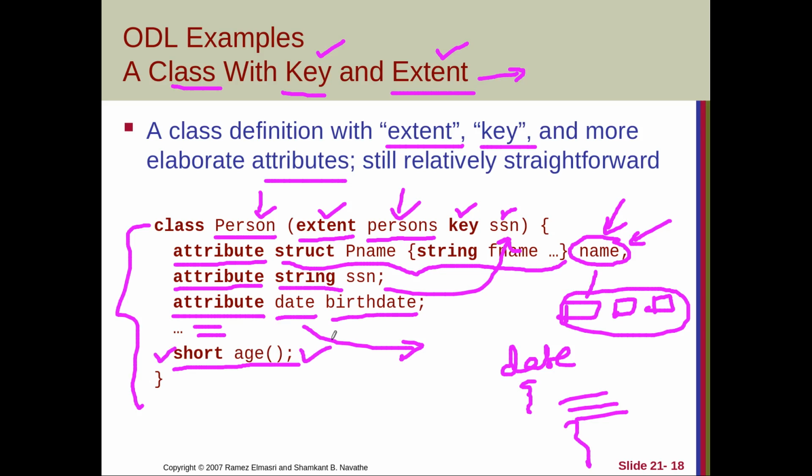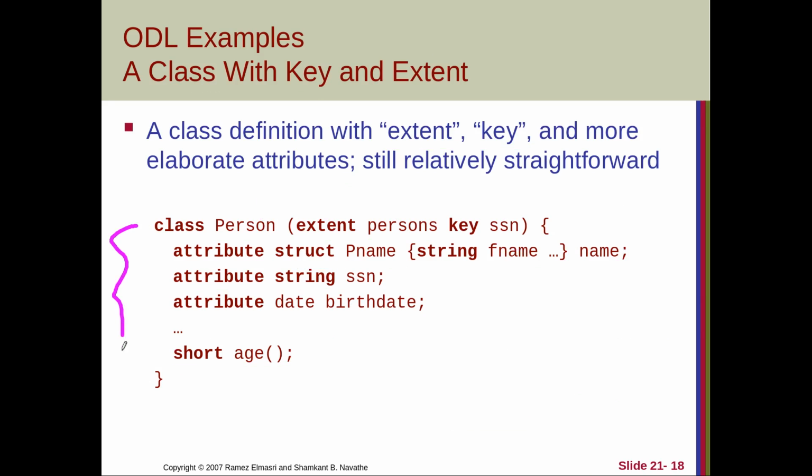So this is a further detailed example of how we can define a complete class in the ODL language. So once again, class name, then provide an extent name, then provide a key attribute, then opening curly bracket, specify all the attributes. Then for each attribute we can have the data type. Sometimes it can be a structure, we need to define a structure name and its features, then provide the attribute name.